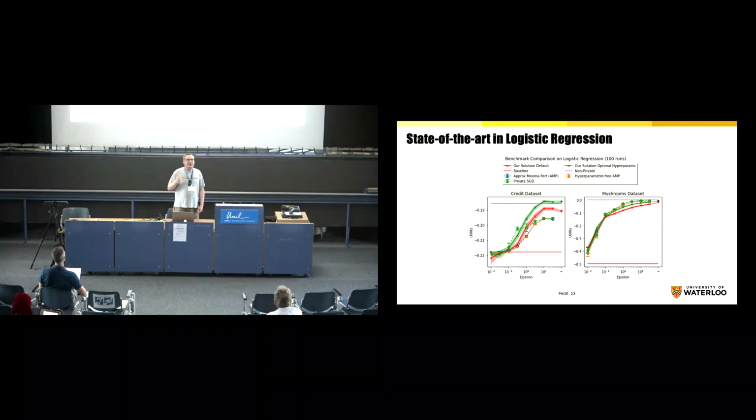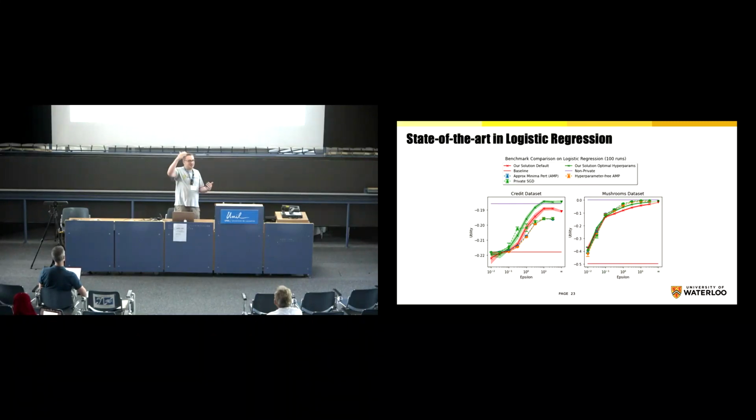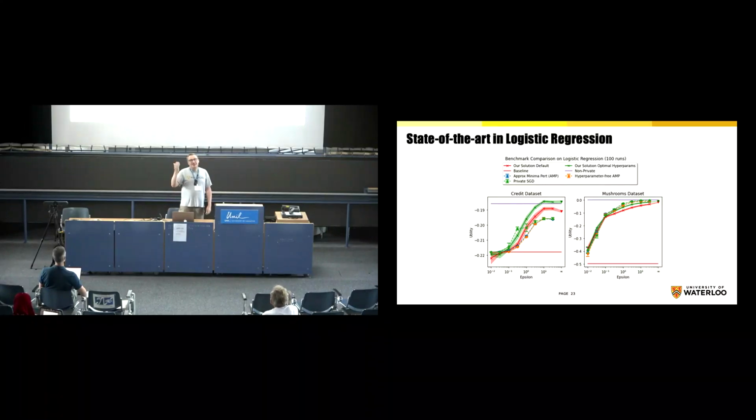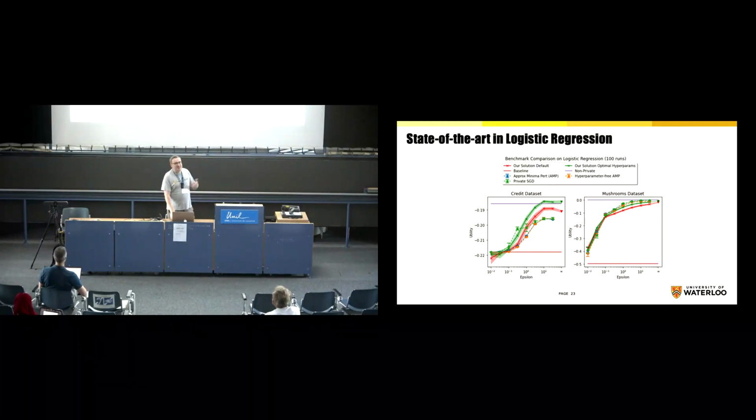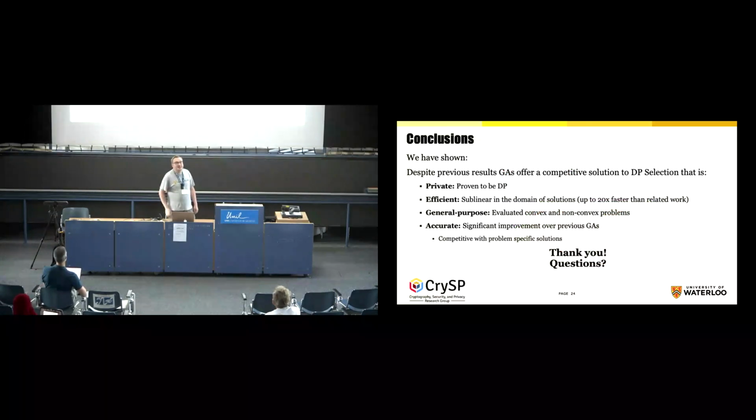Obviously the tuning gives you better performance, but it would cost you something. The related work also cheated and tuned their parameters, so that's why I have that there, so it's a fair comparison. But on the other data set, we're a little bit less. This is why I say we're in line with something that's tailored for the problem, which is nice. And the same thing was true in k-medians, but I don't have time to talk about that today.